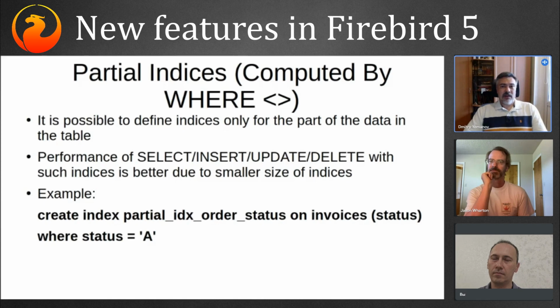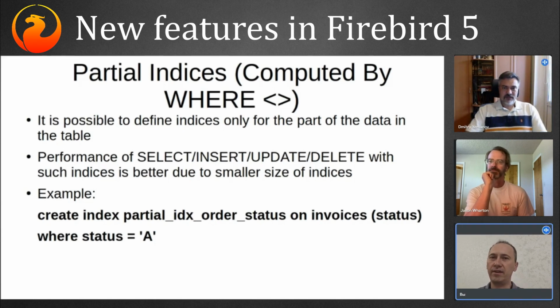Or you may just index the current year, for example, the last year, and speed up retrievals and operations with latest documents while processing some older documents a bit slower.